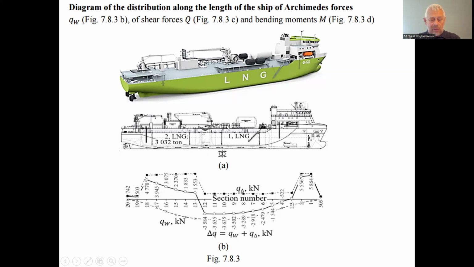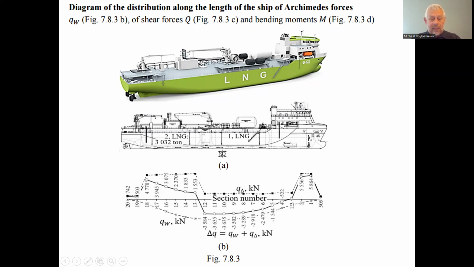If we have no cargo in the middle capacity and have cargo only in the aft, we will have the maximal bending moment. We expect that due to the lack of submerged volume at the peaks of the ship, by the shape of the hull, we have less volume at the peaks.